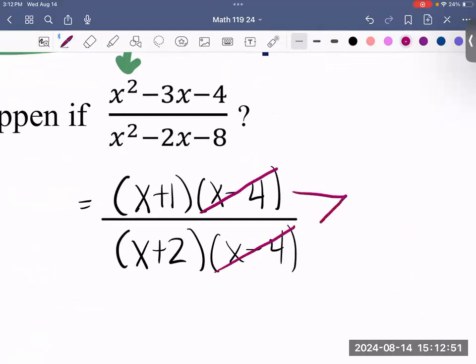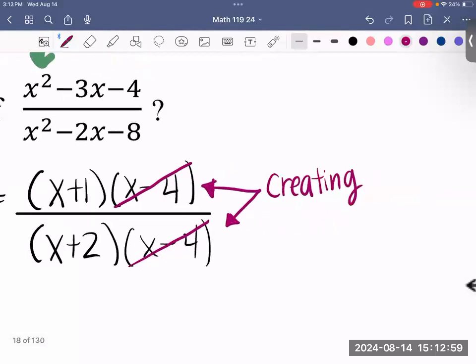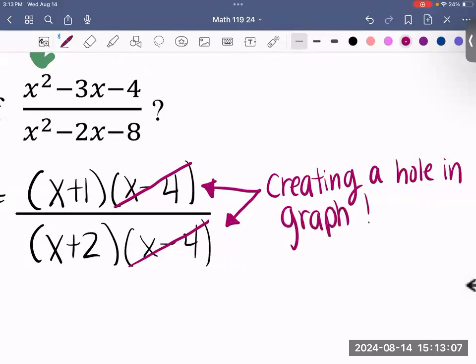Now, anytime you go and cancel something out when simplifying, you are creating a hole in your graph. So there's a hole in your graph. Well, where is the hole in your graph? Well, we can find it by saying, okay, x minus 4 is equal to 0. So x is equal to 4.